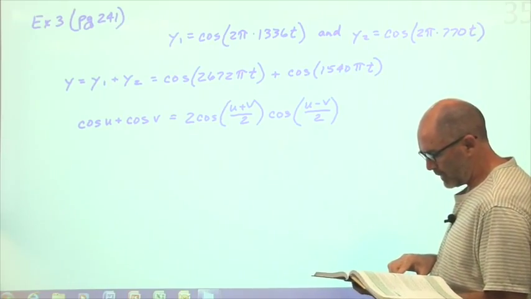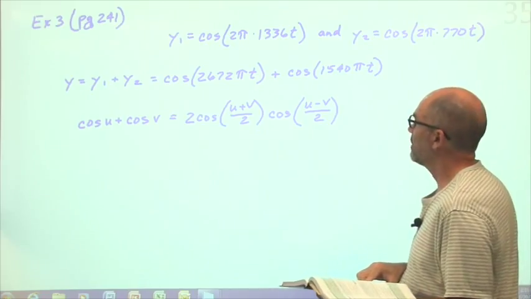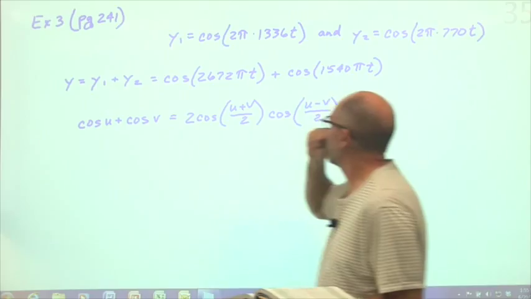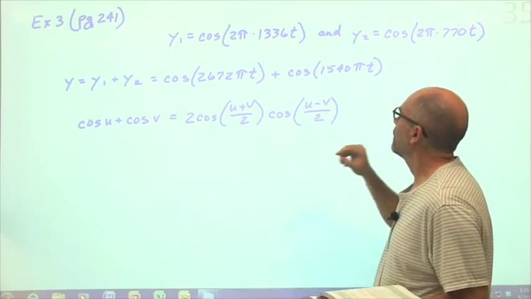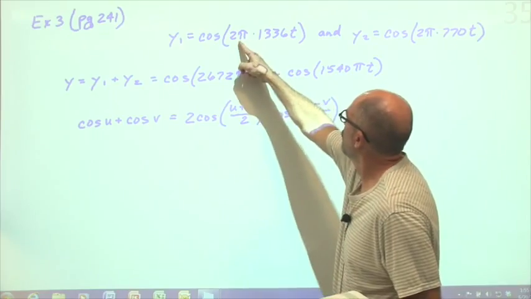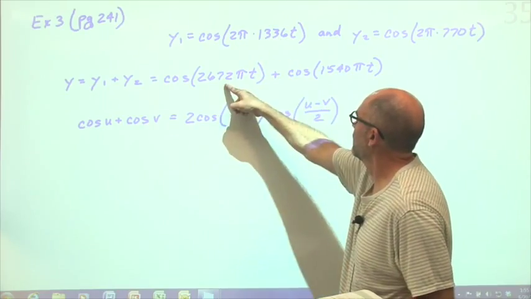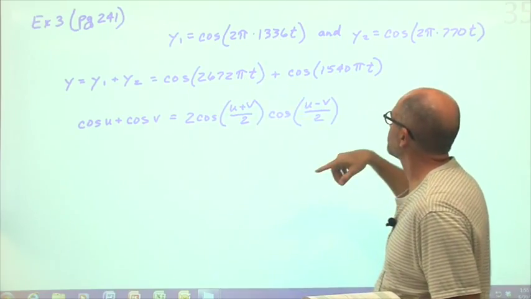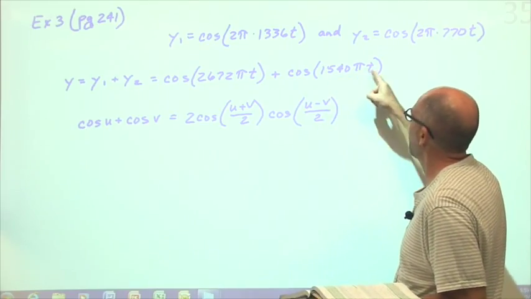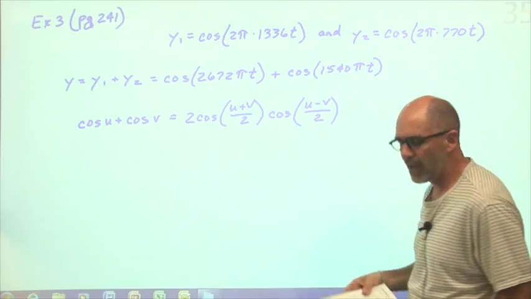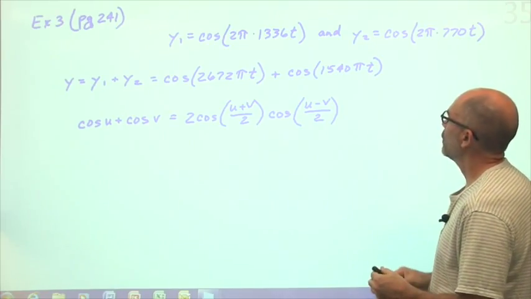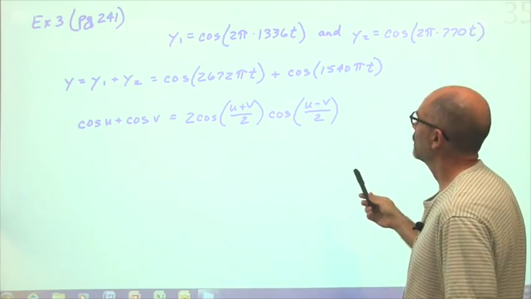So the resultant wave is going to be just y, which equals y sub 1 plus y sub 2. So that equals cosine 2672 pi t plus cosine 1540 pi t, since 2 times 1336 is 2672 and 2 times 770 is 1540. Okay, so now what we want to do is turn this into a product.